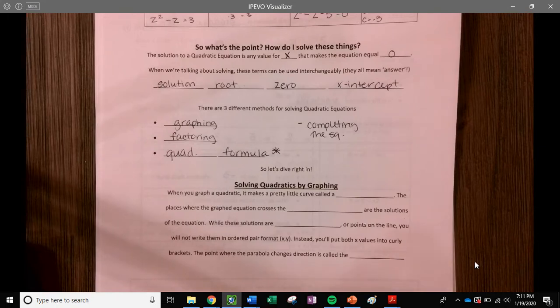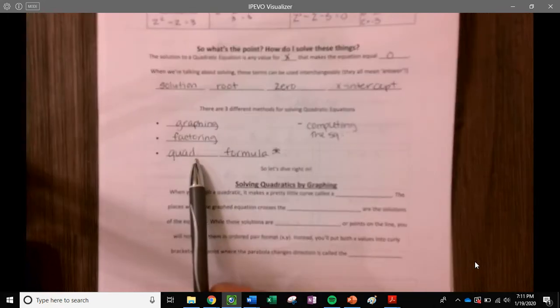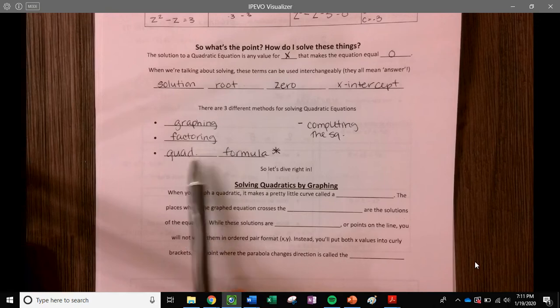We learned about the imaginary number i. What if it is very possible the solution to your quadratic equation includes i? You're not going to be able to see that in your calculator when you're graphing, and you're certainly not going to work that out by factoring.